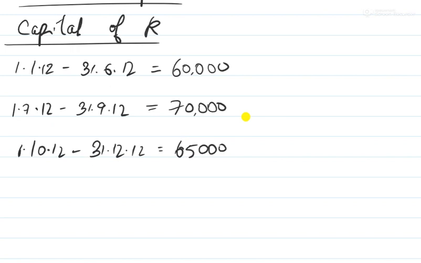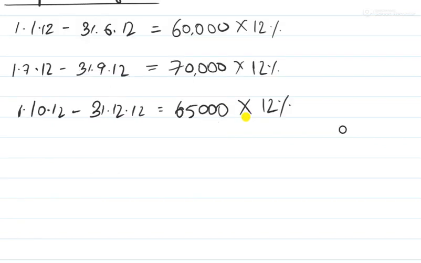What is the number of months that I'll have to write? So 60,000 into 12% into time, the same for all. From January till June, how many months? January, February, March, April, May, June. Only 6 months, not the whole year.